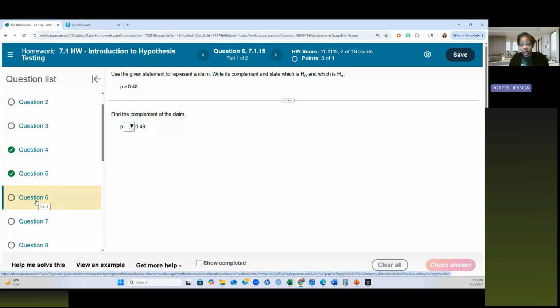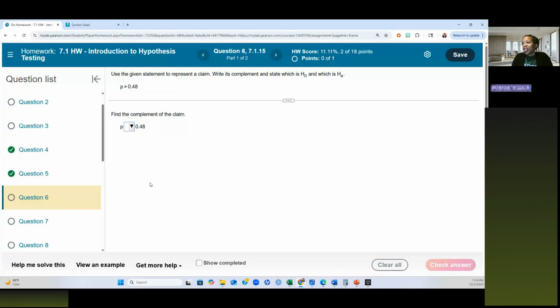All right, number 6. Question 6. Try it again. You have a greater than symbol. What is its complement? Less than or equal to.